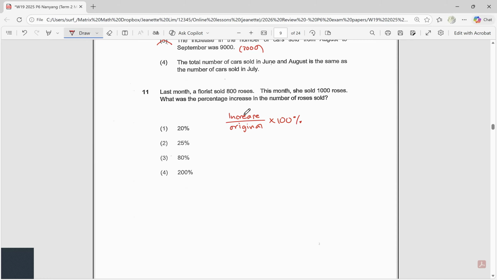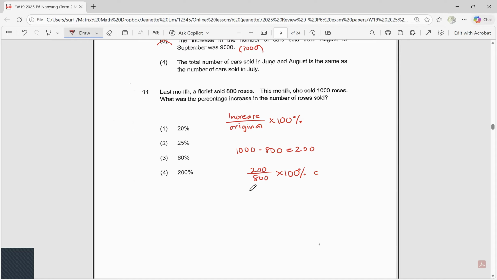Now, increase, we need to find what's the increase. So 1,000 minus 800, which is 200. Then the original means the one that happened first. So original is 800. So 200 over 800 times 100%.